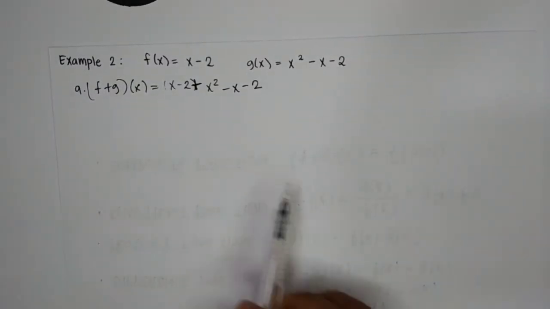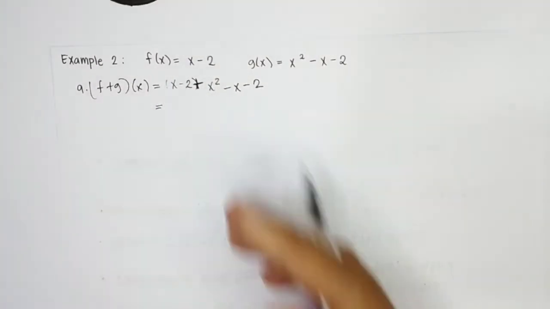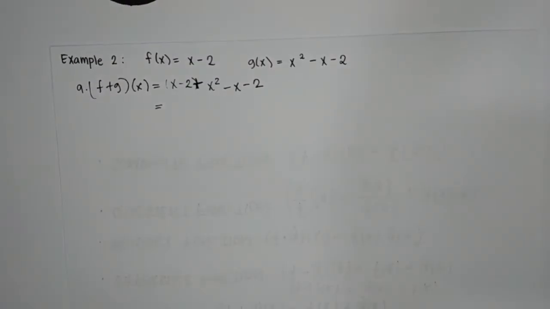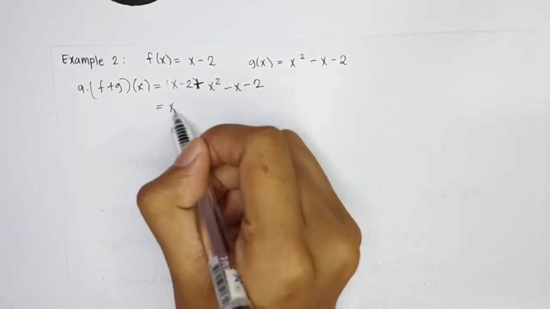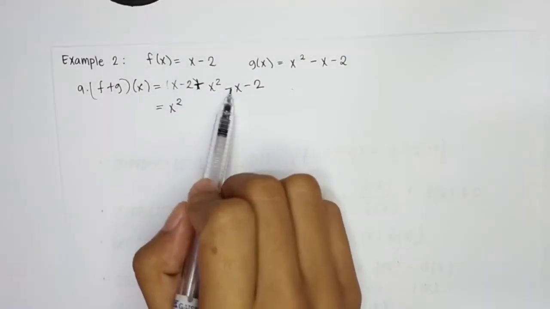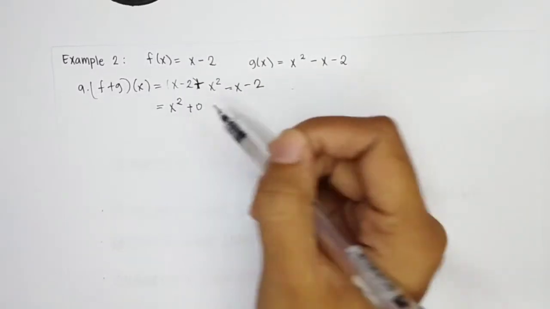Okay? Then we have here, isulat natin ito in descending, so from highest exponent to lowest. So copy natin ang x squared, then x minus x, that is 0, so magiging 0 minus plus 0.